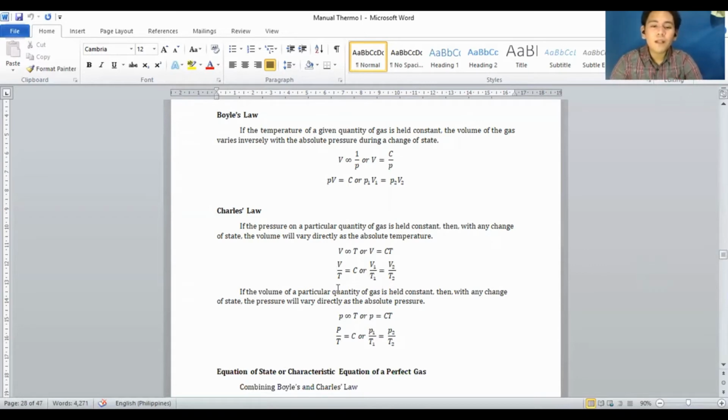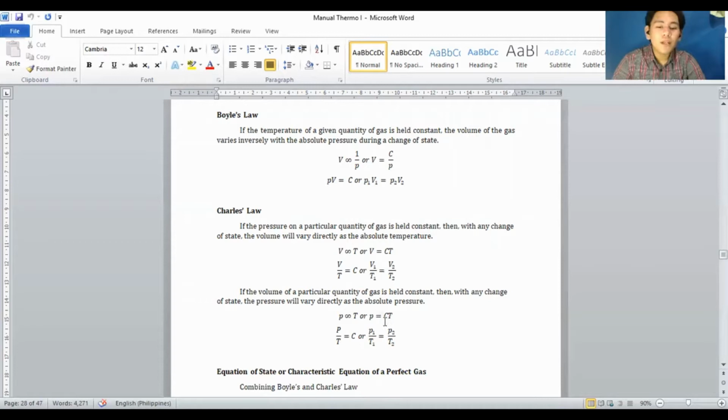If the volume of a particular quantity of gas is held constant, then with any change of state, the pressure will vary directly as the absolute temperature.